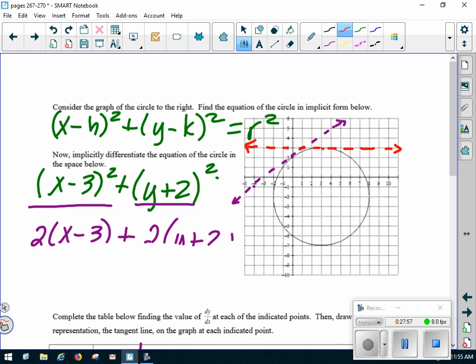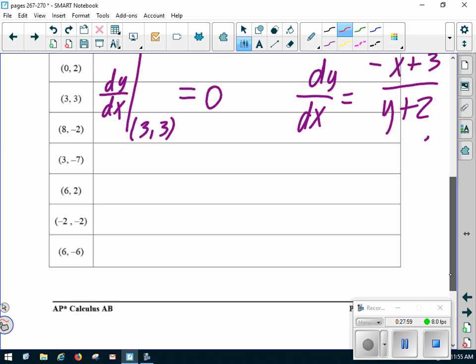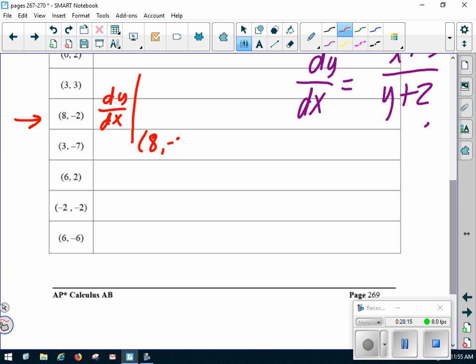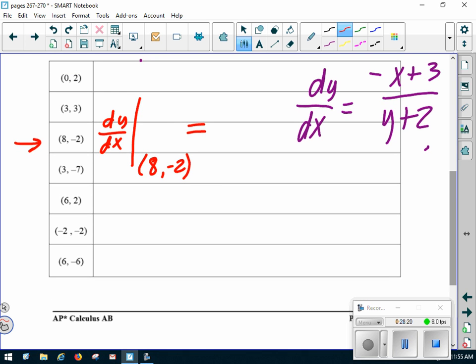We're not going to do all these. We don't have time. Let's do this one. dy dx at 8, -2. Undefined.